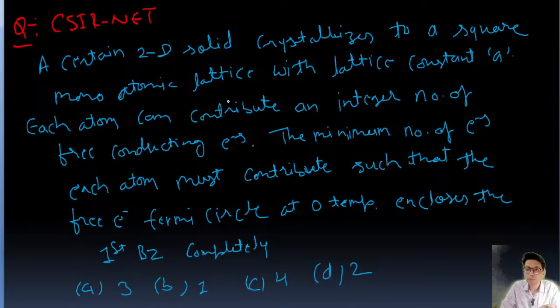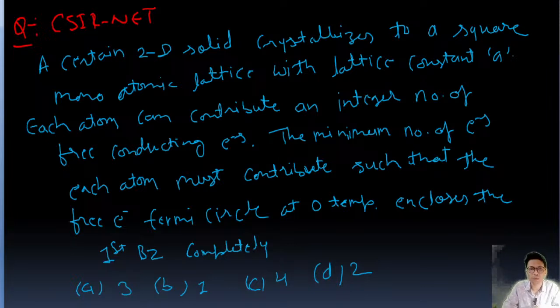The minimum number of electrons each atom must contribute such that the free electron Fermi circle, that is the 2D Fermi surface at zero temperature, encloses the first Brillouin zone. That's what we need to find out.